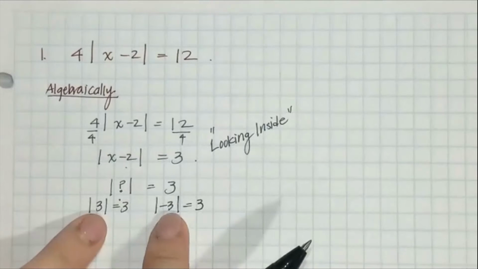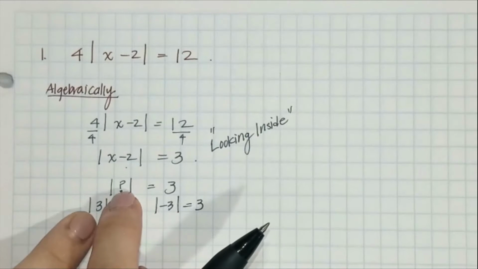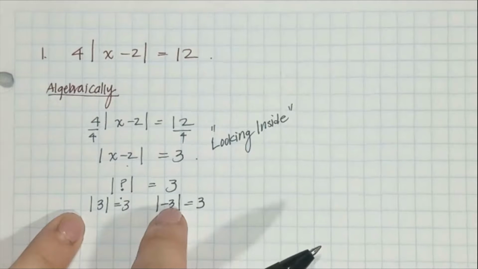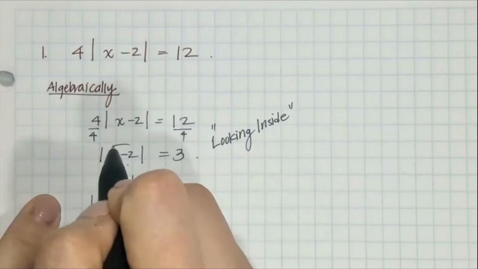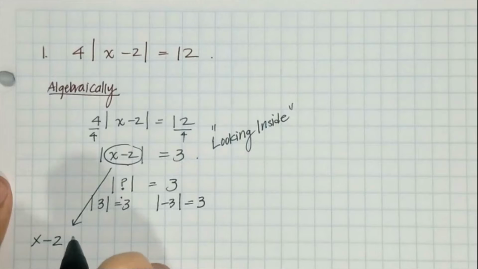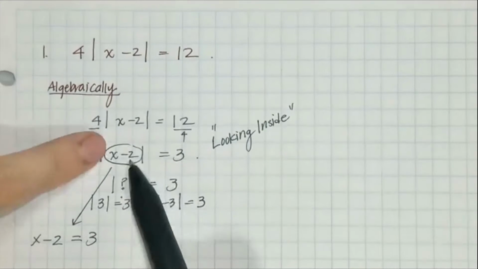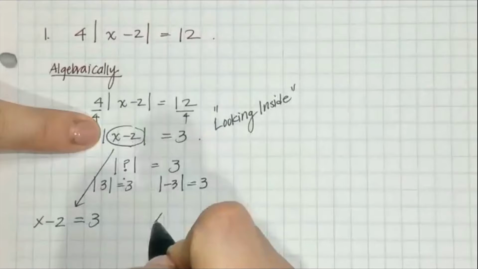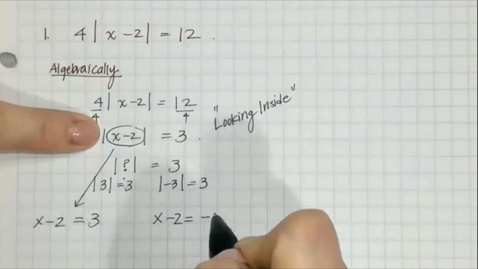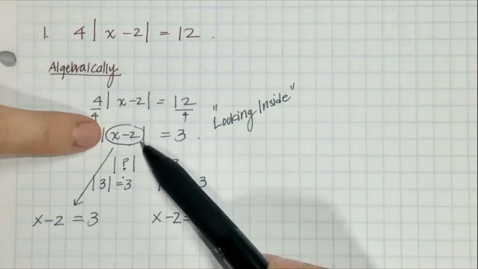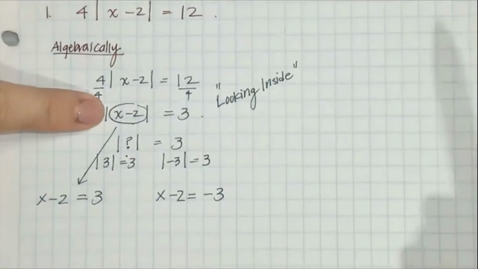So hopefully you can see that inside the absolute value can be both 3 or negative 3, which means x minus 2 can equal positive 3, because absolute value of 3 is 3, or x minus 2 can also equal negative 3, because absolute value of negative 3 is also positive 3.